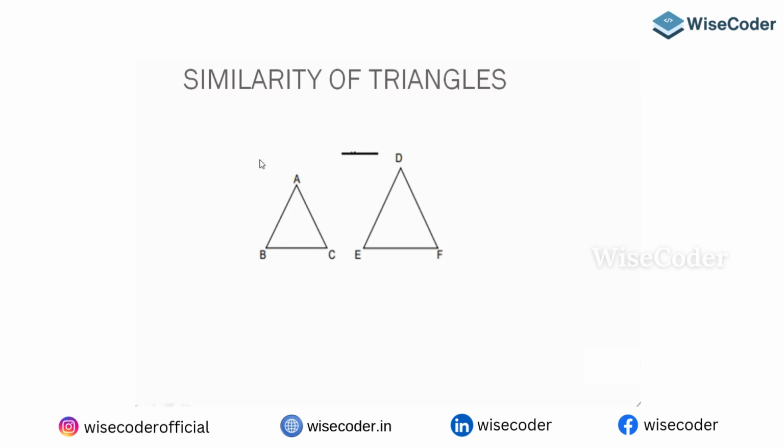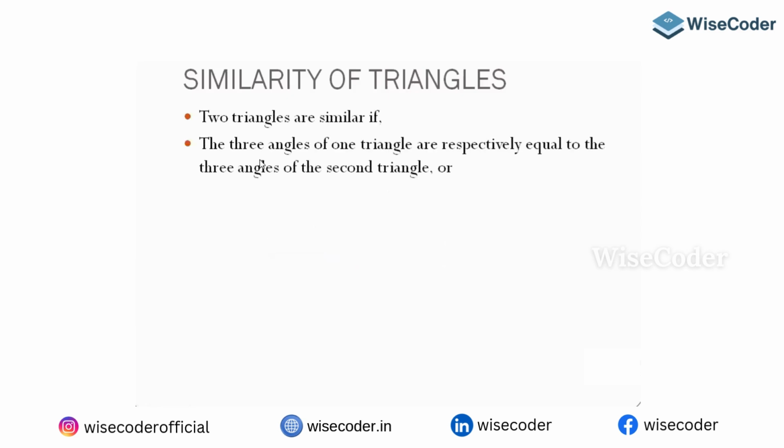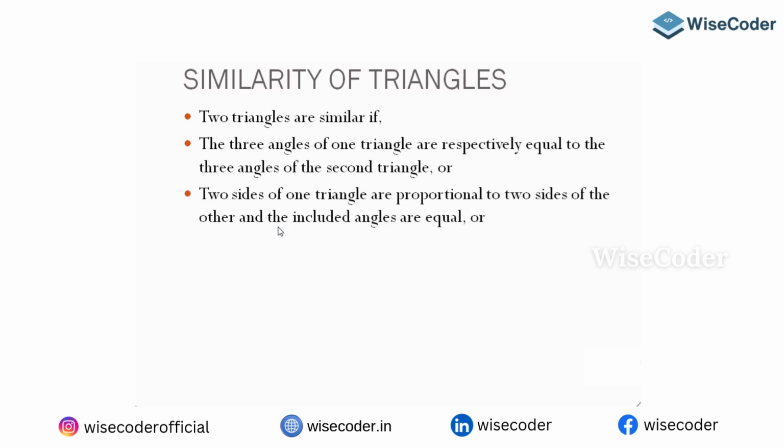So what I mean by this is that two triangles are similar if three angles of one triangle are respectively equal to three angles of the other. Obviously, whatever angle is there, the same angle is going to come there. And two sides of one triangle are proportional to two sides of the other, and the included angle is also equal.